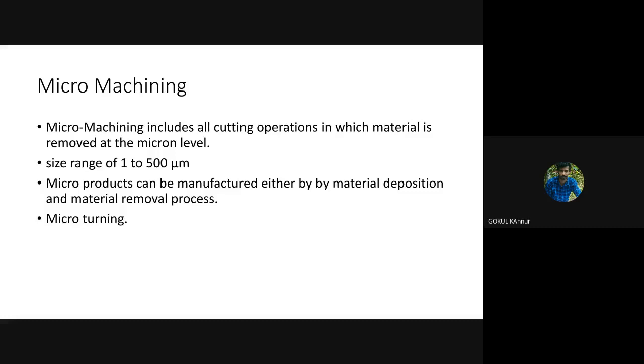If the same process, EDM, if we can reverse the polarity, you can even have material addition by adding extra material, molten material, towards the surface, that you will see in the later cases.